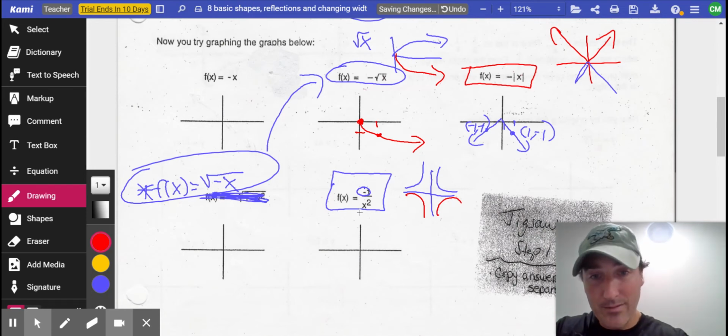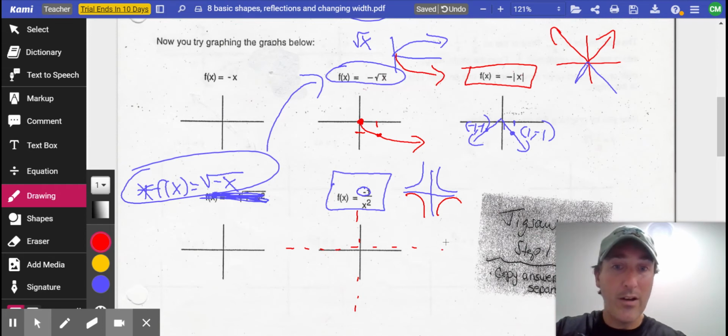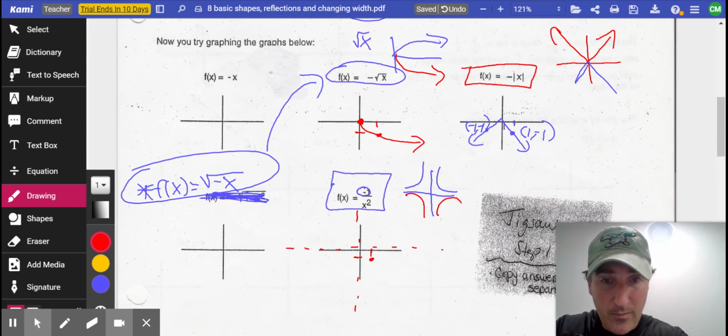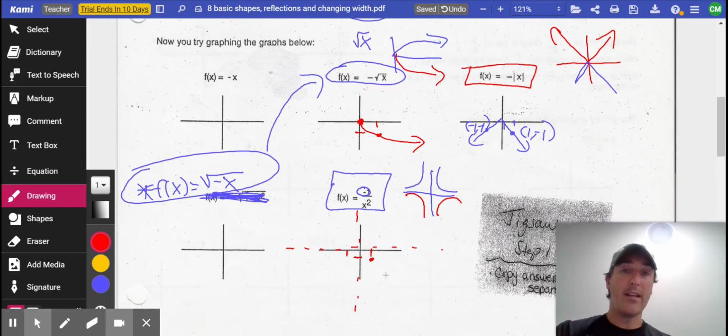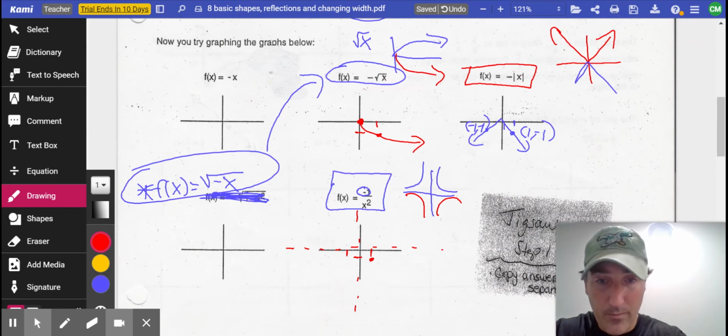We're going to have the same VAs, the same HAs. A good test is if I plug in 1, you would get -1 over 1 squared, which is -1. So that proves it's down low. And if you plug in -1, you're going to get the same thing. -1 squared is +1, and -1 divided by 1 is -1. So it's the Atari shapes that are down low.